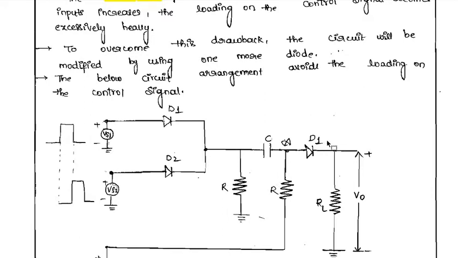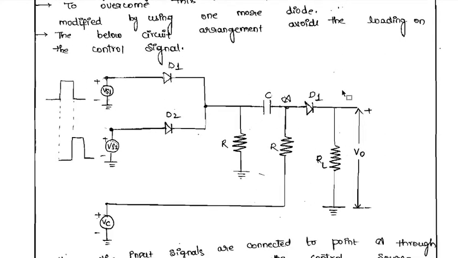Here the input signals are connected to point A directly through the diodes D1 as well as D2. And the control signal is connected to A directly, to avoid the interference between your input signals as well as to avoid the interference of loading.